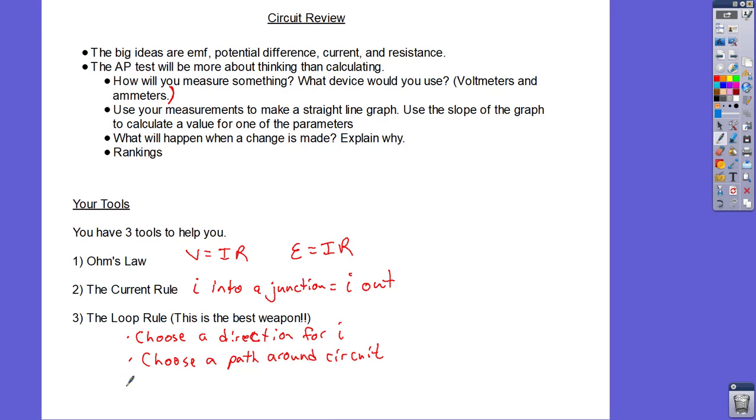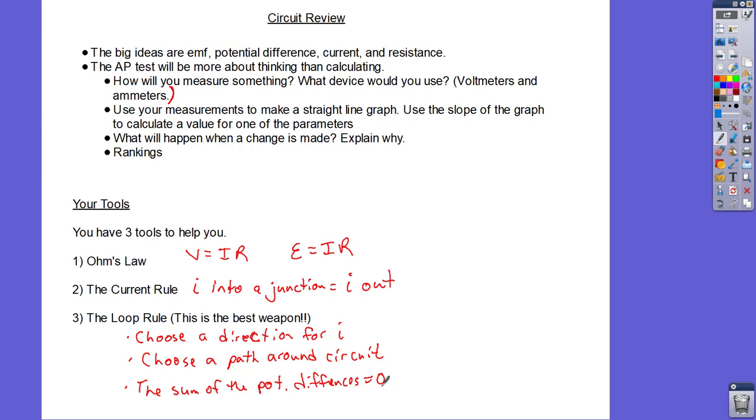And then the sum of the potential differences equals 0.